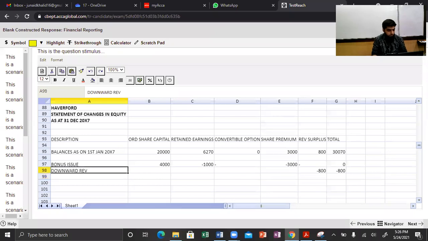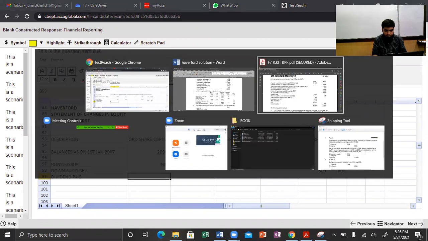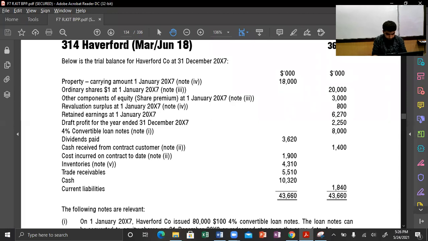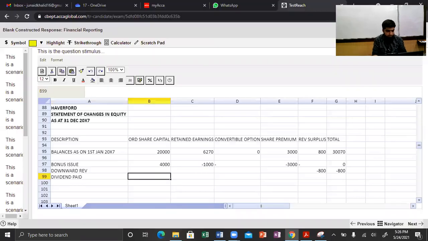Okay, now what other adjustments are required? The other adjustment required is the dividend paid during the year, which is already given in the trial balance. The dividend paid is 3620, and definitely the dividend is paid out of retained earnings, so minus 3620.